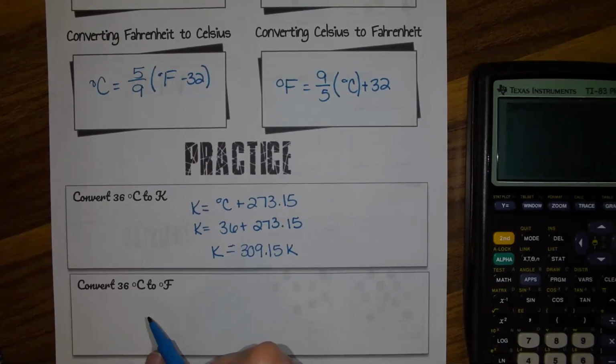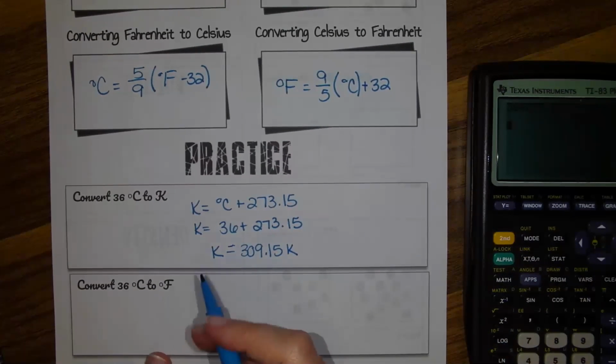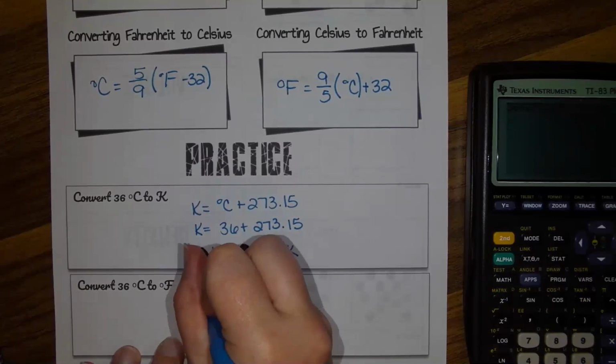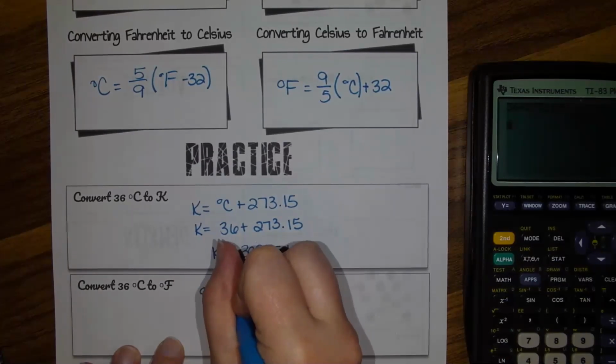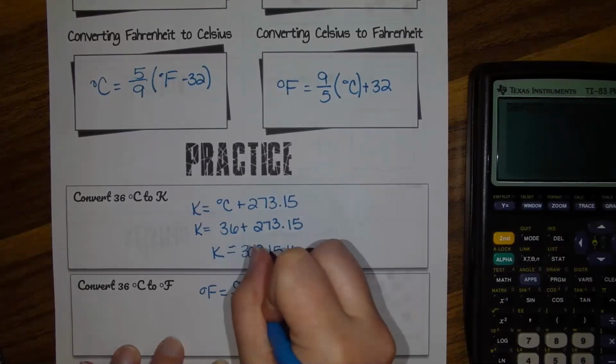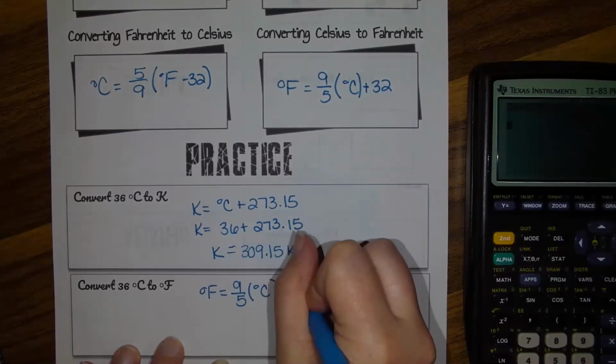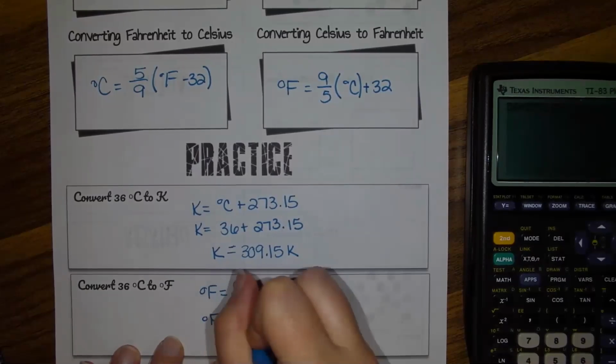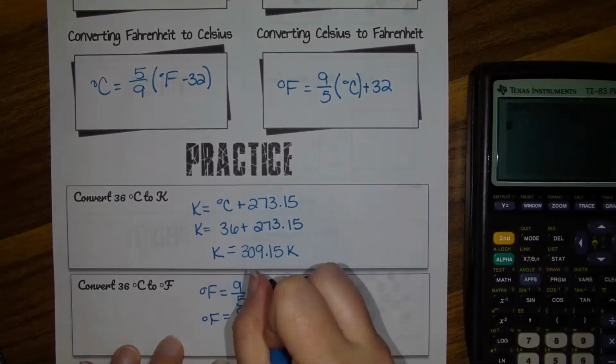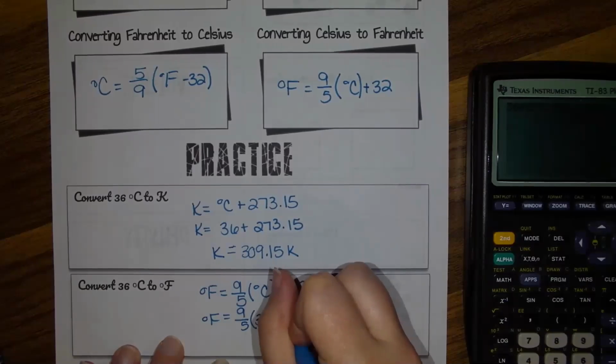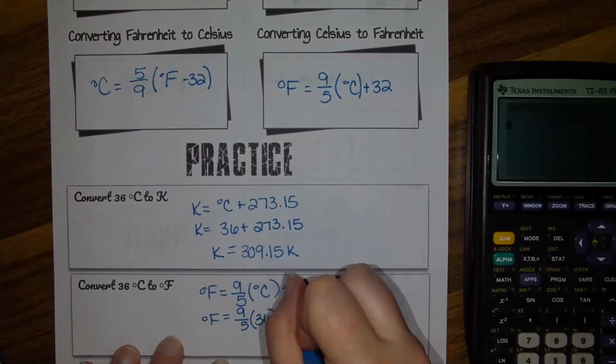Next one, convert 36 degrees Celsius to Fahrenheit. No one likes to do these temperature conversions. So we're going to take 9/5 times degrees Celsius plus 32. So degrees Fahrenheit is equal to 9/5 times 36 plus 32.